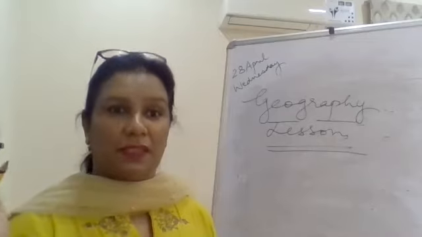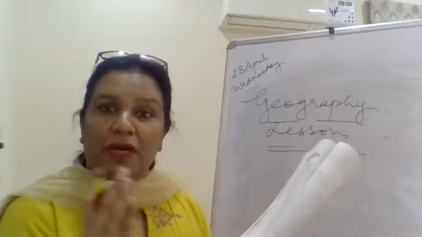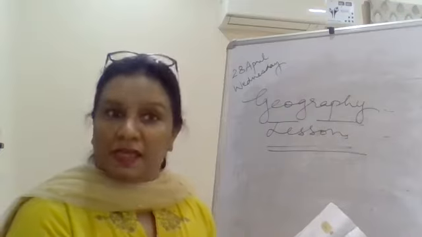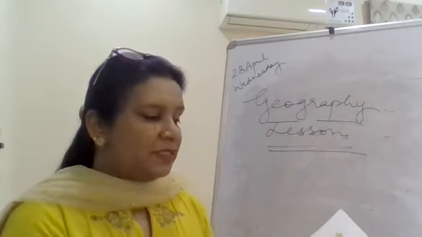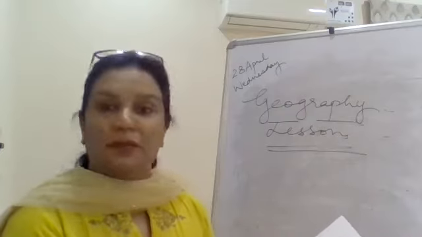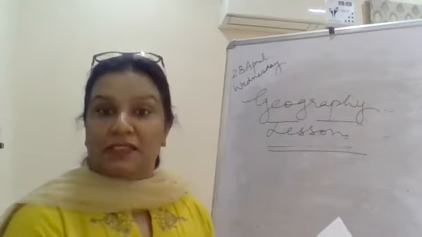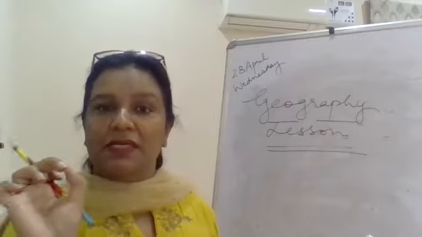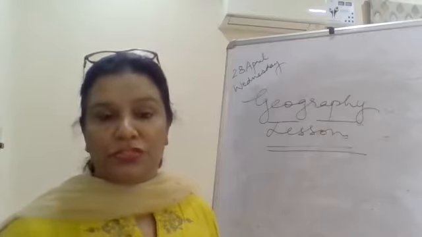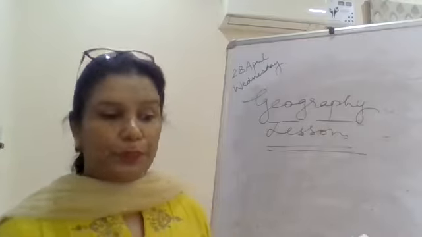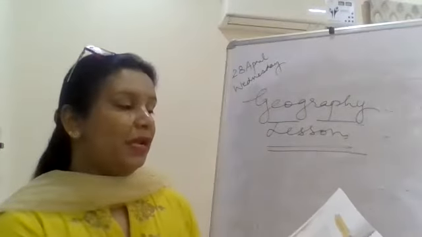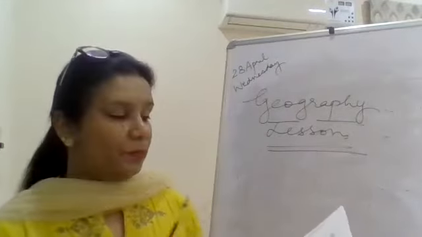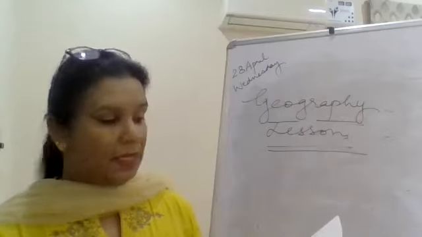Scale is on a smaller size, right? 6 inches to the mile. Jenny, when you look at your map, it is in centimeters, the map which you get for your political geography. Now please look at the fourth line.